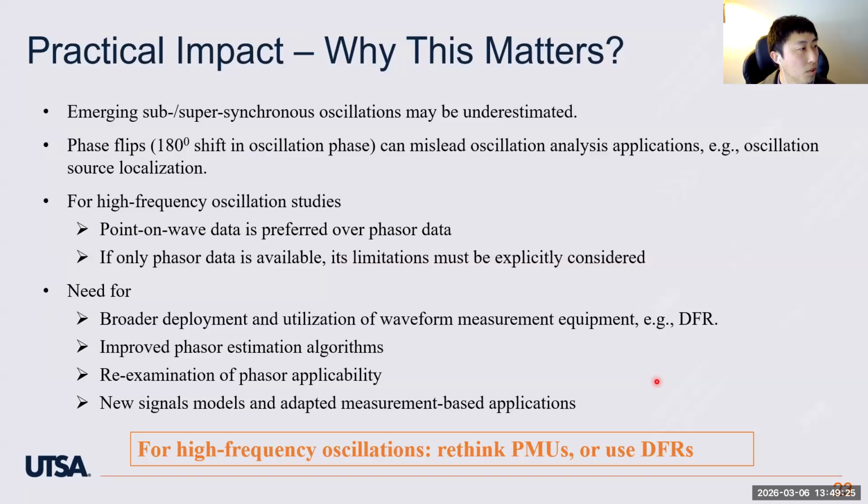So what's the practical impact, and why does this matter? Because emerging sub and super synchronous oscillations may be underestimated when the gain function is below 0. And the DFT phasor may contain a phase flip that can mislead oscillation analysis applications, for example oscillation source location, which largely relies on the oscillation phase information.